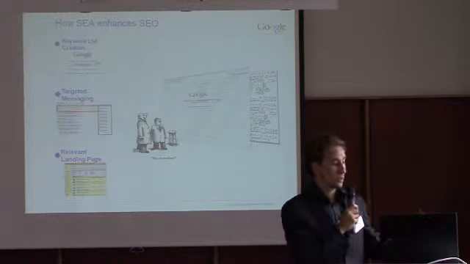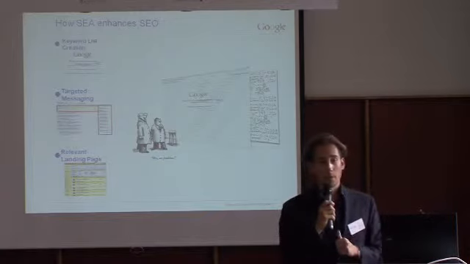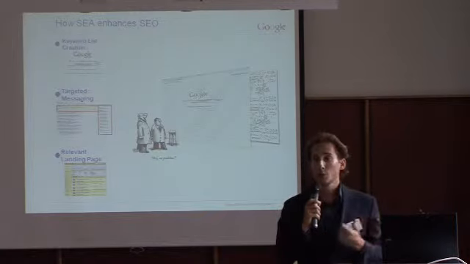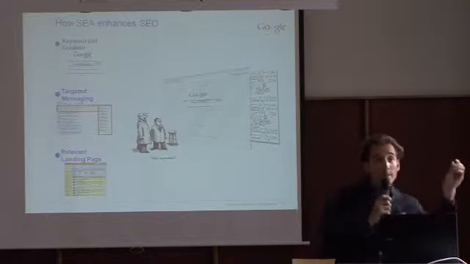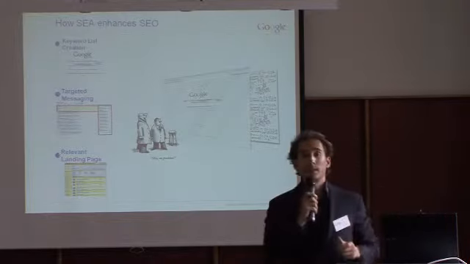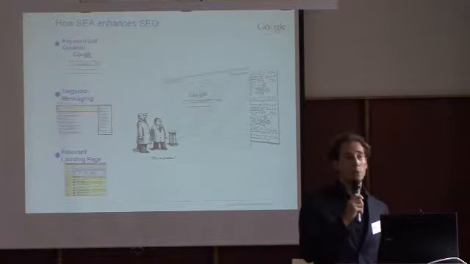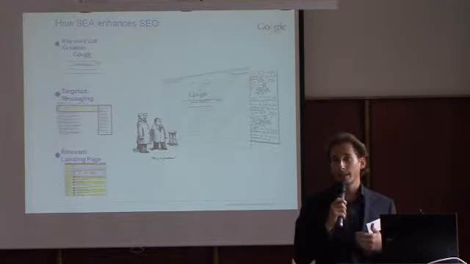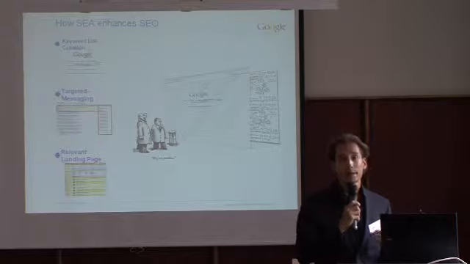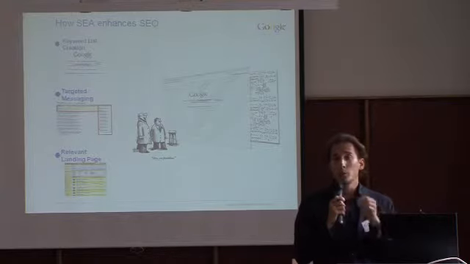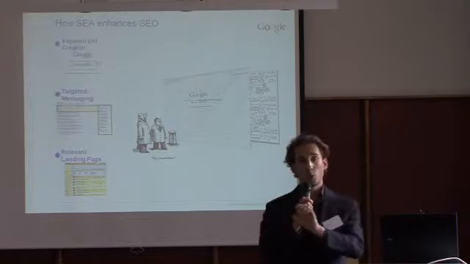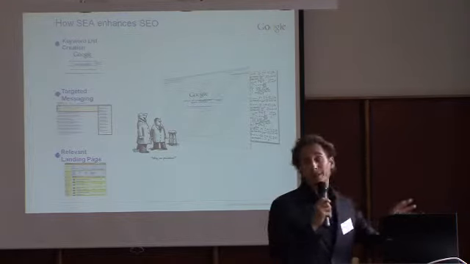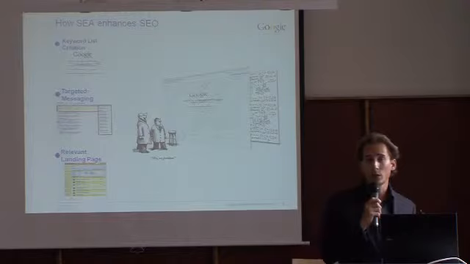A second aspect is the targeted messaging. You've seen how complex it is, and you need quite good technical knowledge in SEO to be able, for a specific query, to let a specific content appear in the natural results. With AdWords, again, with the quite intuitive interface, you are able, in a much more flexible way, to determine which message will appear for specific semantic categories, usually called ad groups.